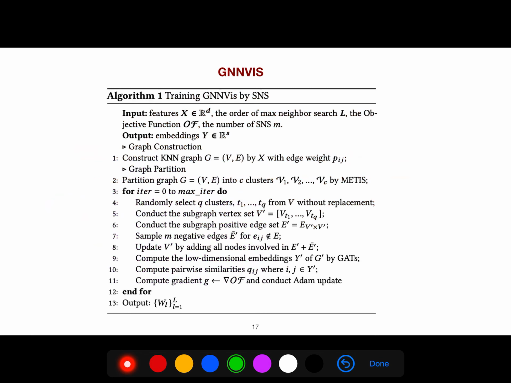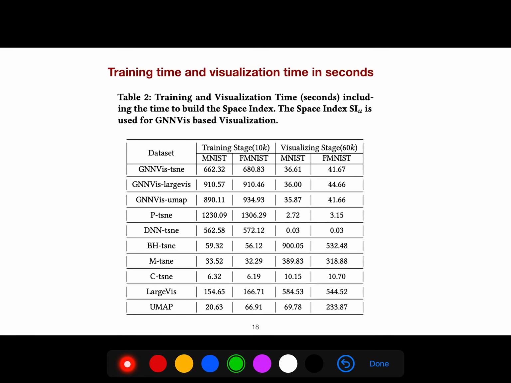And this is just the summary of what I've just told you. And you can compare the training stage and visualization stage for both MNIST and FMNIST. As you see, the training time is huge, 600 seconds.